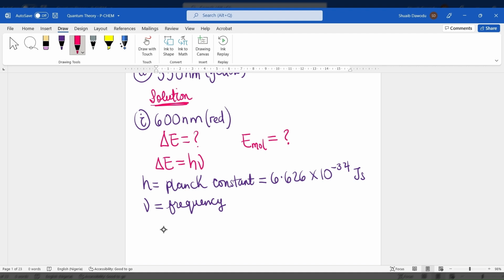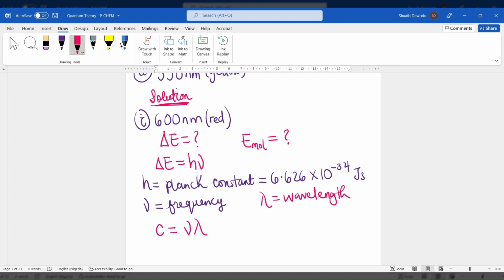They are inversely proportional in this equation, where the speed of light c is equal to frequency multiplied by wavelength. Meaning as the wavelength increases, the frequency decreases, and as the frequency decreases, the wavelength increases.